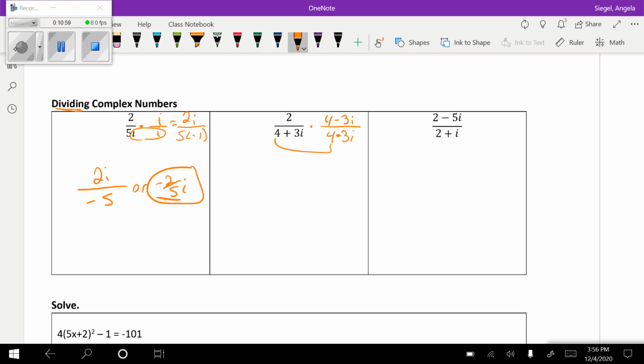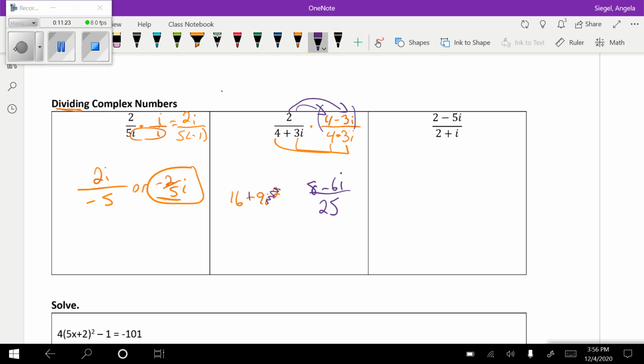So I have 16, and then I have minus 9i squared. So that is going to become a 16 plus 9, which is 25. So on top, I'm just going to distribute this 2. So I have 8 minus 6i.